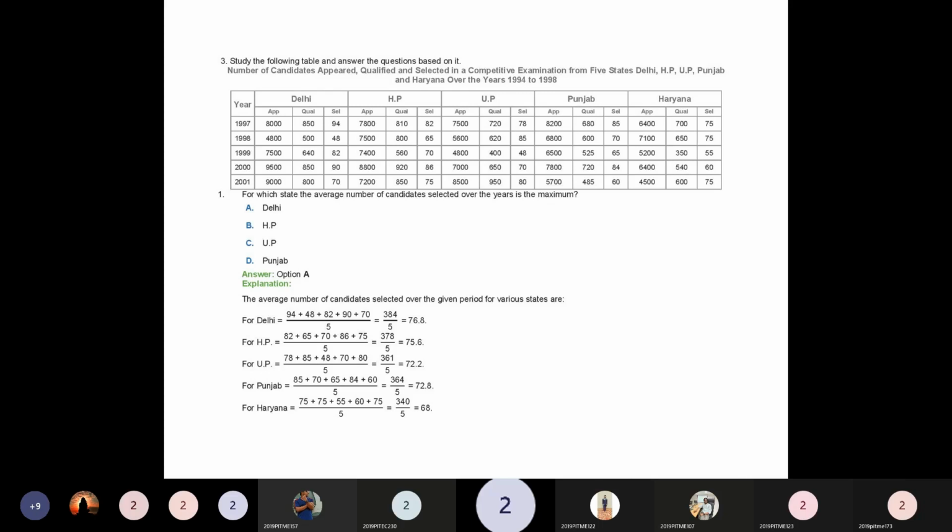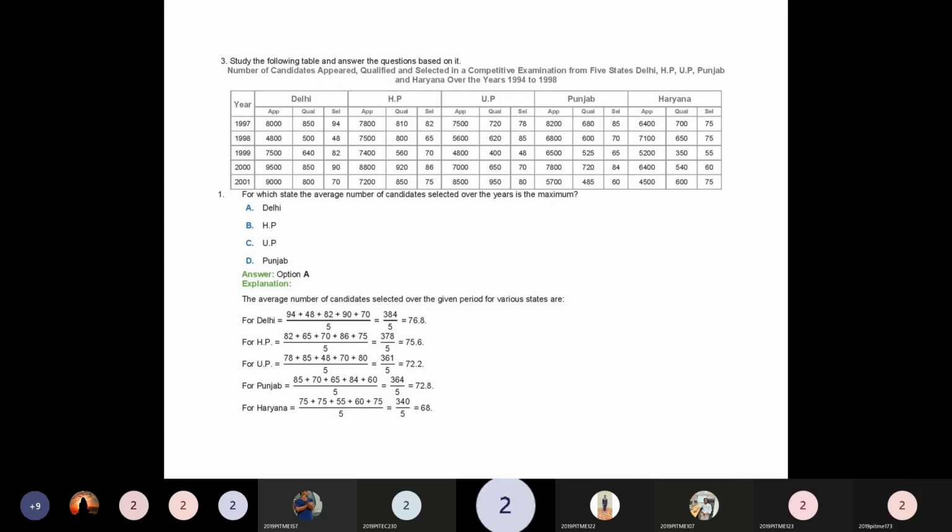That will give you the state where the students selected is maximum. So you get the average. For Delhi, get the percentage of selected candidates from 1997 to 2001. Likewise for Himachal Pradesh from 1997 to 2001, and likewise for all 5 states.